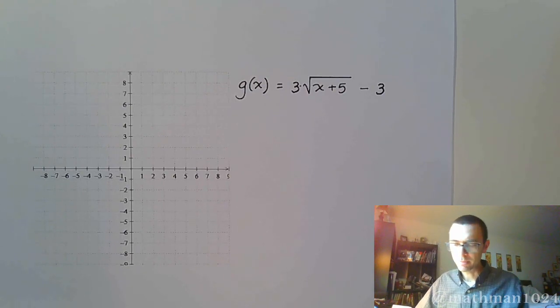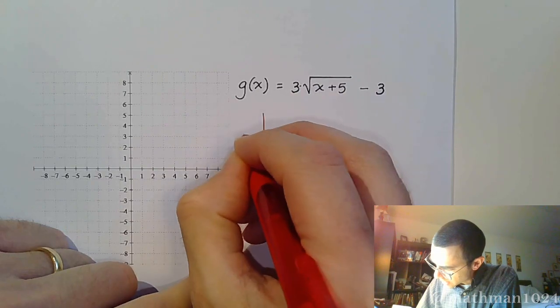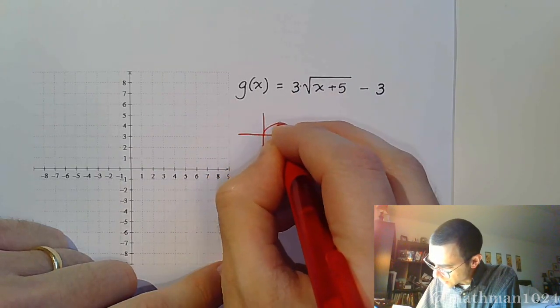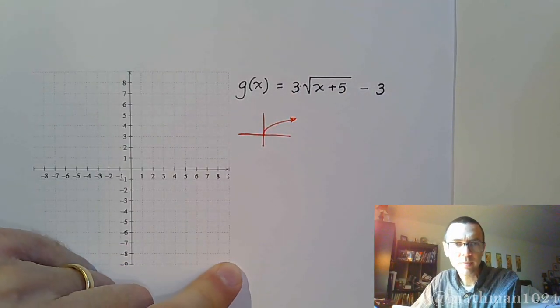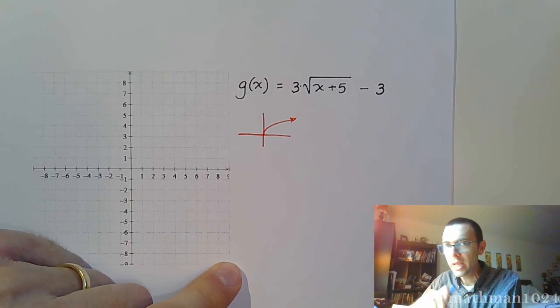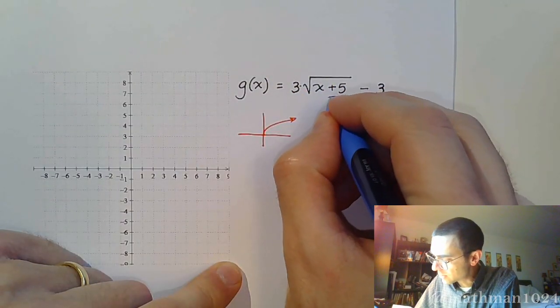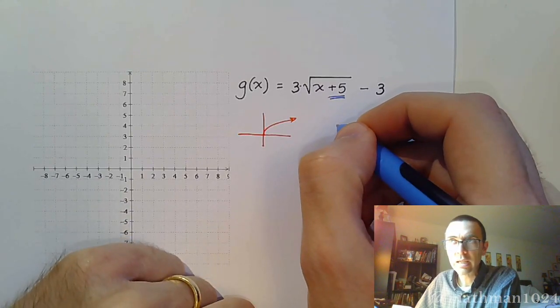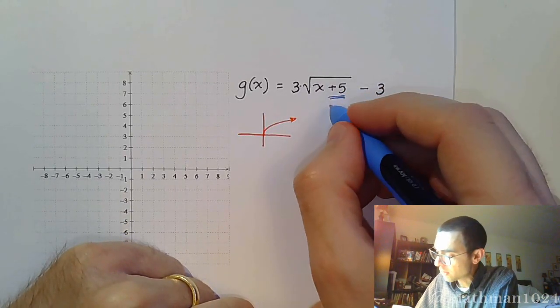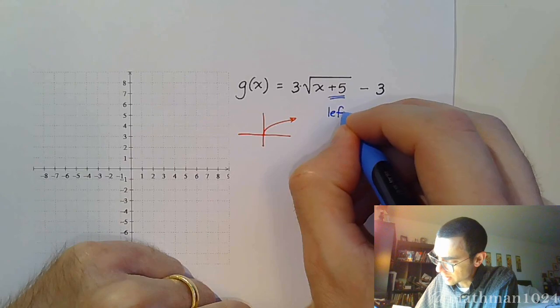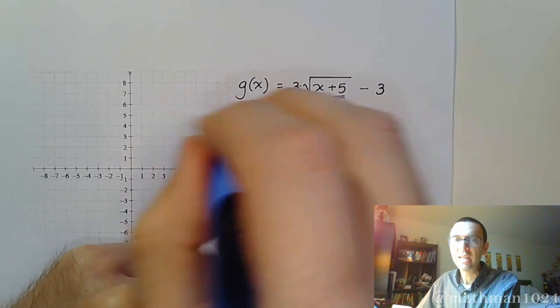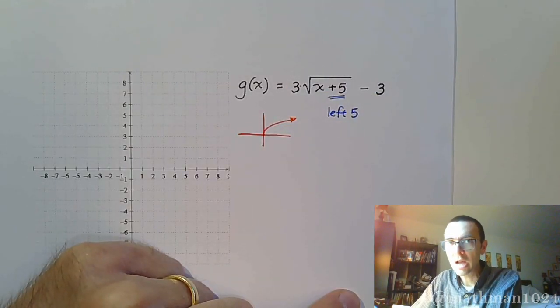So let's see what we have here. The shape we mentioned not that long ago is that guy. Inside the function we see plus 5. And since it's on the inside, the opposite of plus 5 means we go to the left 5 units, right? IHOD over IHOD.